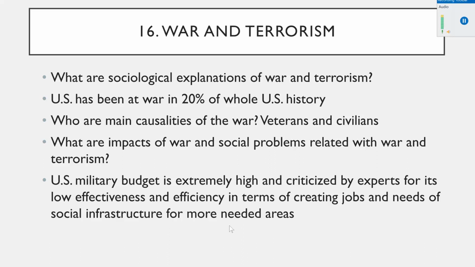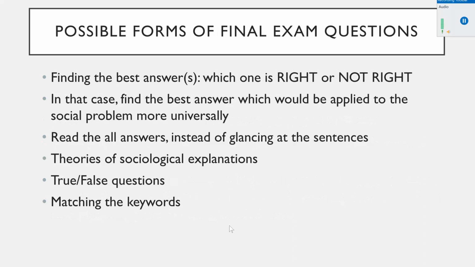But it is criticized as a very poor job creator. In terms of consumption level, it takes a huge amount of money, about 20% or 40% of the federal income tax, but it doesn't create many jobs compared with the amount of money spent in the area.